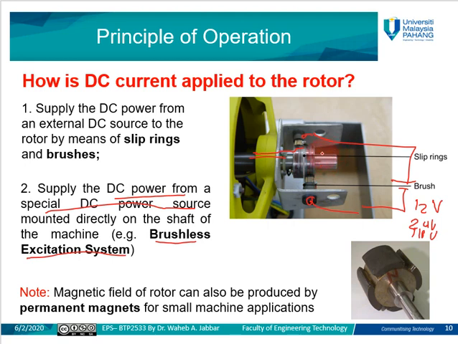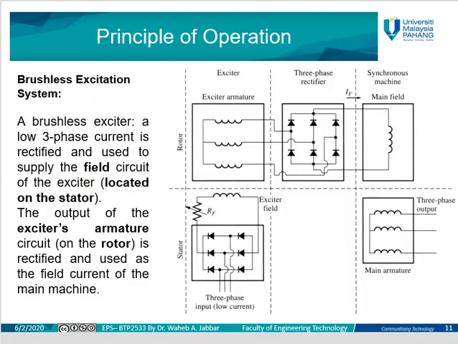So we have the excitation system here, which will be coupled with the rotor, and this brushless excitation system will receive the power from an AC source, convert it into a DC source, then feed it to the rotor field winding of the synchronous machine. As we can see here, this is how the brushless excitation system looks like, and this is the most common type of excitation of synchronous machines.